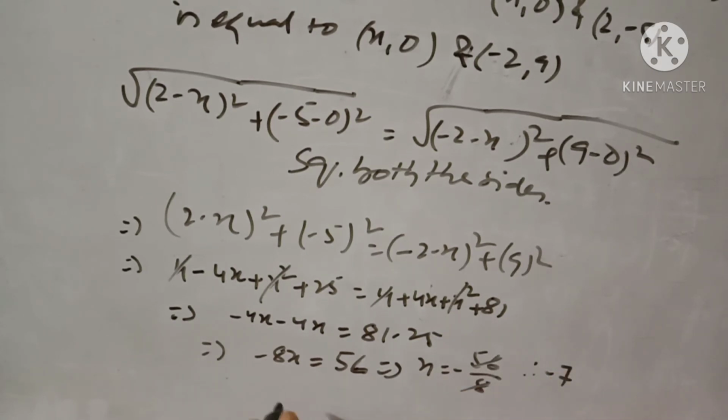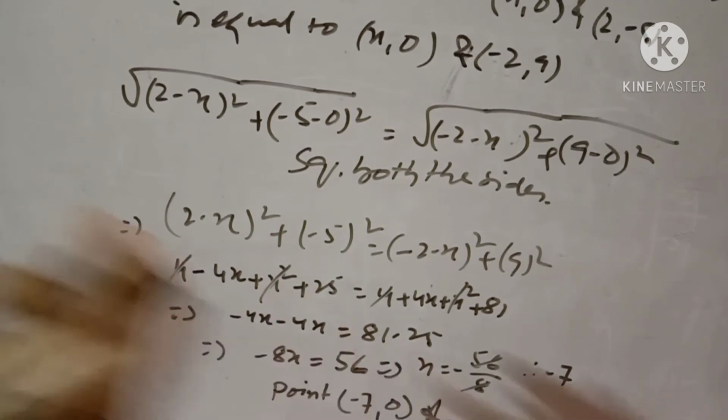This is the value of x, so the point will be minus 7, 0, since it lies on the x-axis. This is our required answer. Write down please.